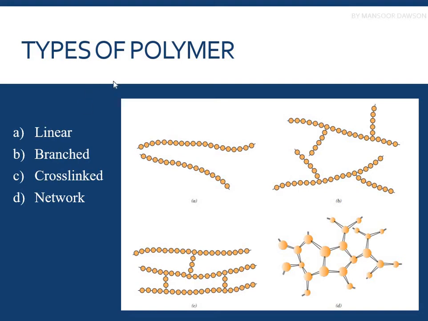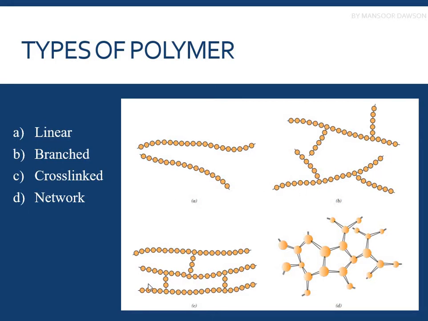Next, we have types of polymer in terms of their morphology or structure, in which we have linear polymers, in which you can see that the atoms are arranged in a linear chain. Then we have a branched polymer in which the chain has a branch added in between.